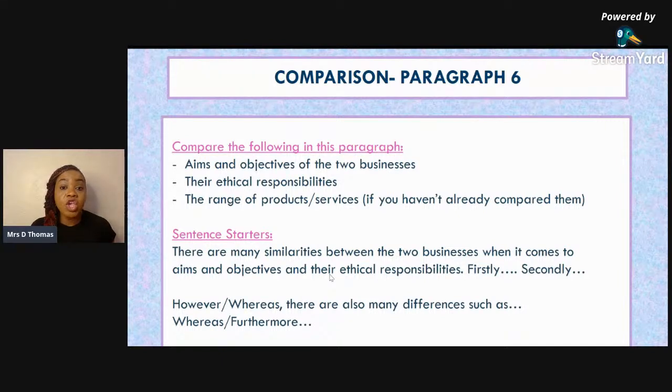You can start comparing as soon as you start writing. Even though you're describing, you can be comparing as well. But if that is too difficult for you, then you just do one bit at a time, one task at a time. You do your description, then you do your comparison. And if that's easier for you, do it so you don't leave anything out.